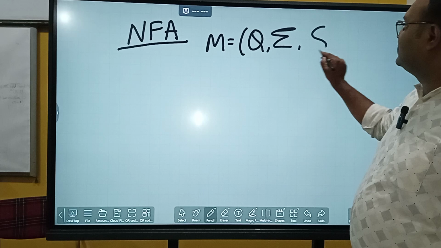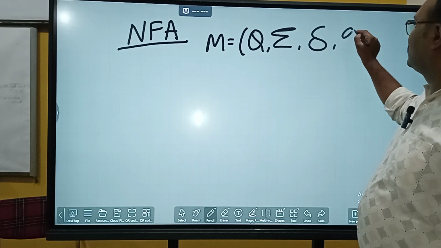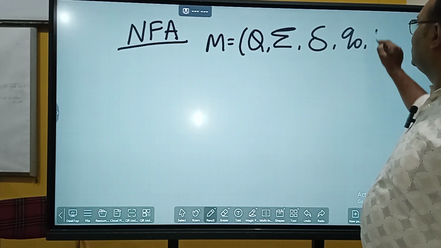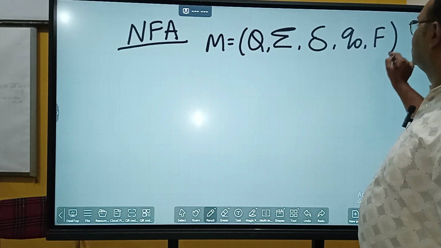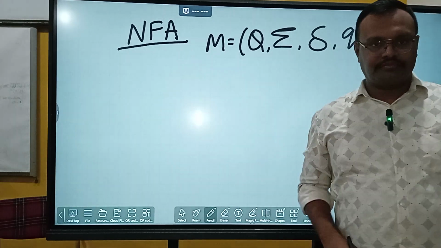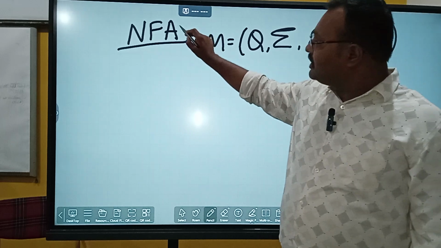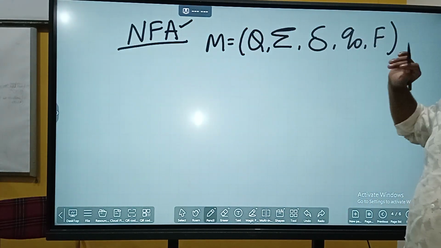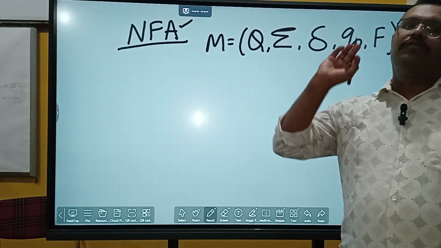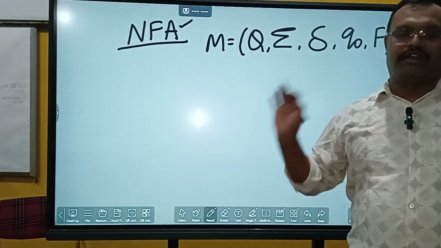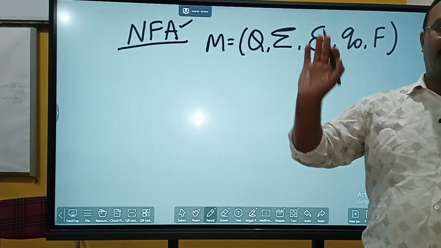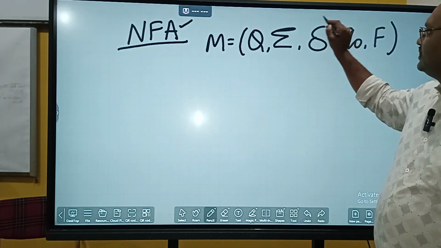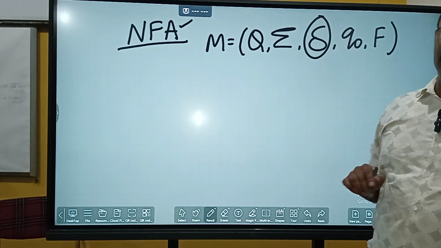Then we had the transition, and then Q naught, which is the start state, and F is the set of final states. In non-deterministic finite automata also, the definition remains the same. That is, it is a quintuple which has five elements in it. But the only place where it is going to change is in the set of transitions.